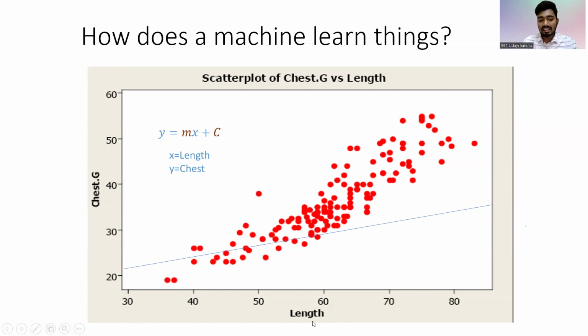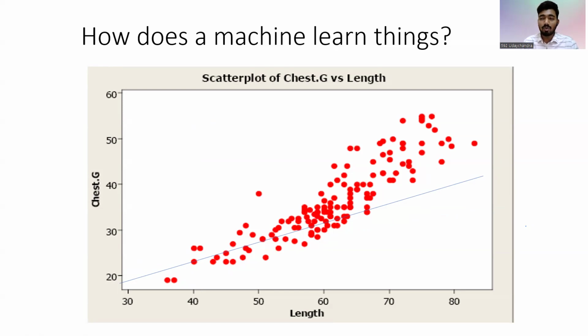Now let's consider this is one of the straight lines I'm drawing. Is this straight line feasible? Is it the most feasible line? No, right? Because if you fit like this, these points are very far from this line. So now what I'm trying to do is move the line towards the data points.